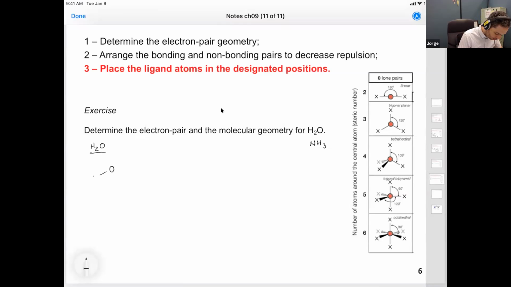So water, we know that oxygen is the central atom, single bonded to two hydrogens, and then you have two lone pairs or non-bonding pairs located at the oxygen atom. First step here is to determine the steric number, and with that, we are going to determine the electron pair geometry.